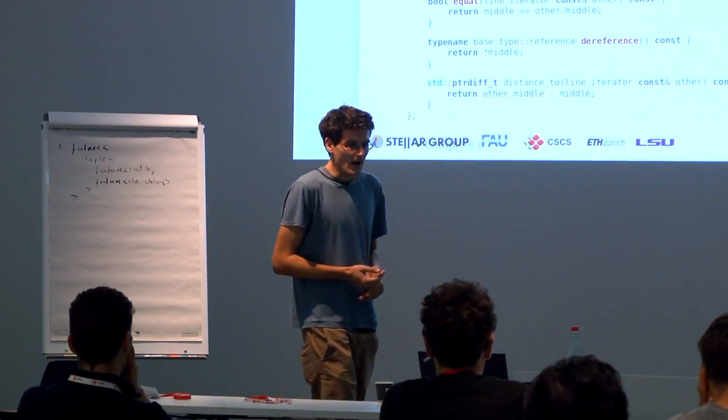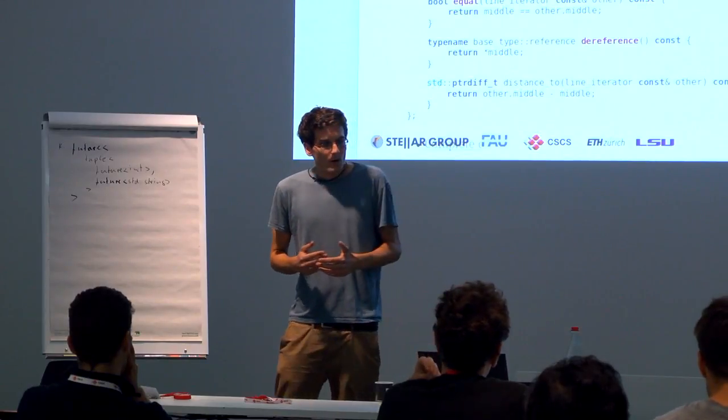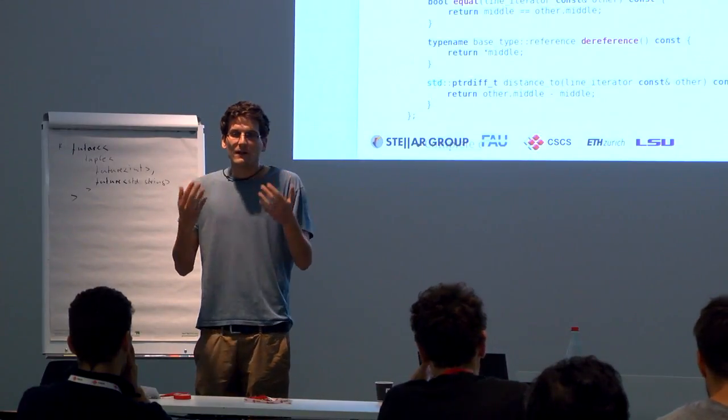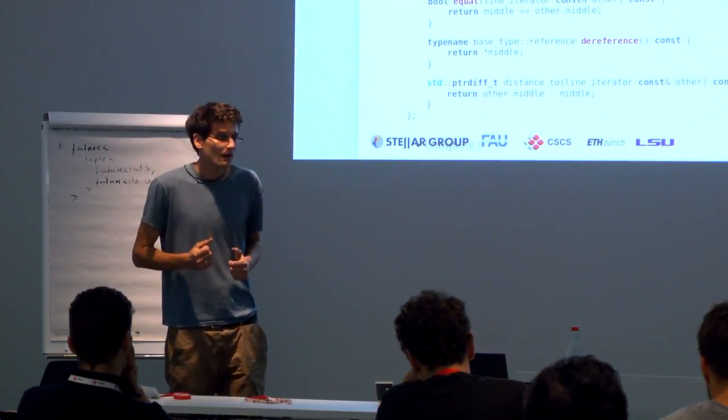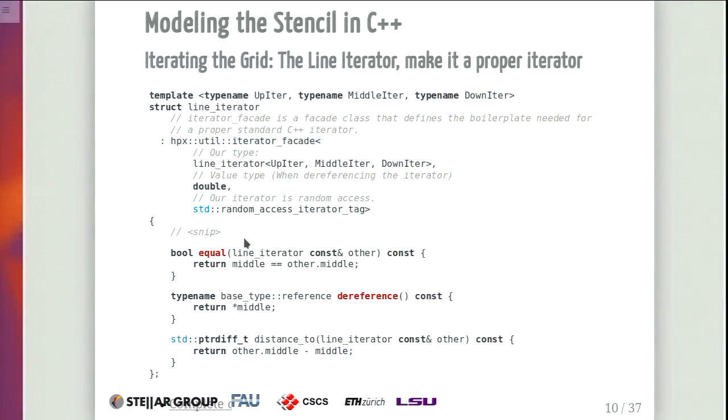And I think if you use this iterator concept, you gain a lot, because you can easily reuse what's already there, right? And this line iterator is a domain and application specific adaptation of that iterator concept, right?